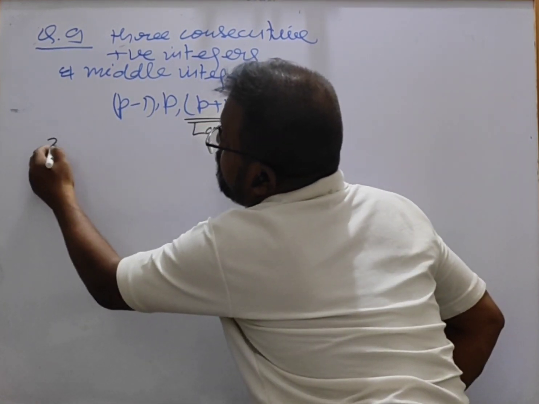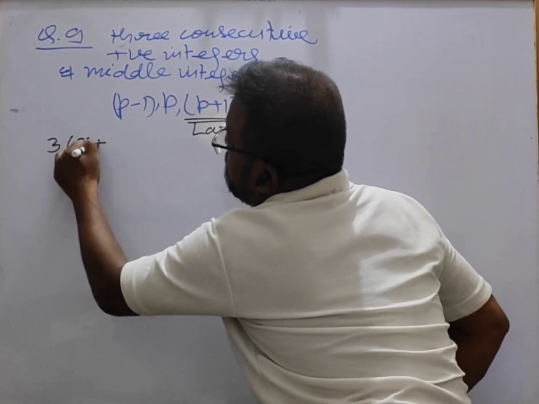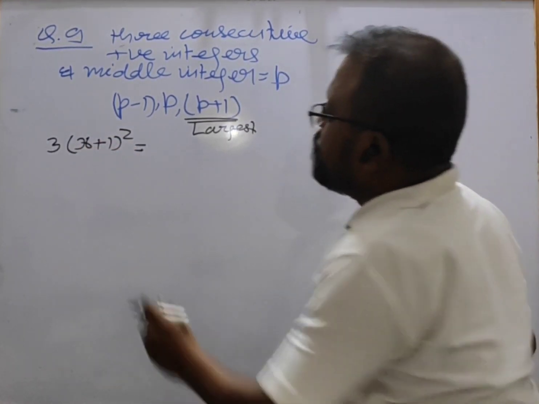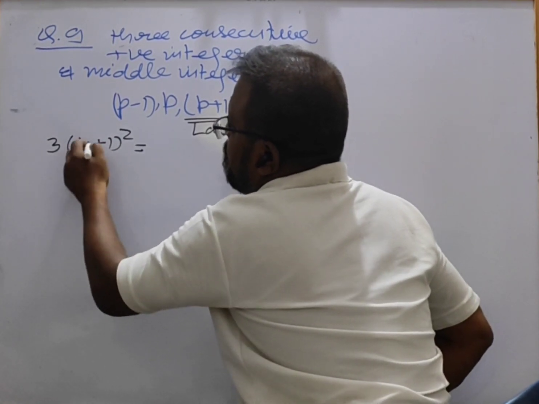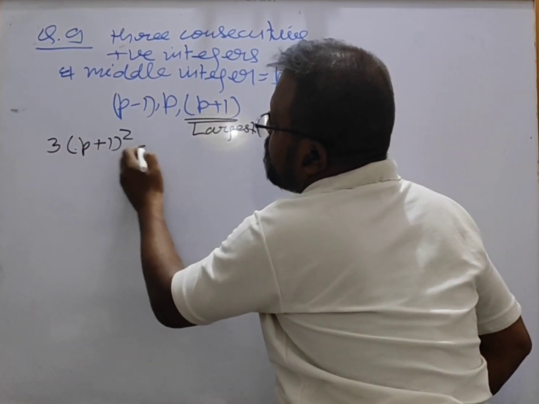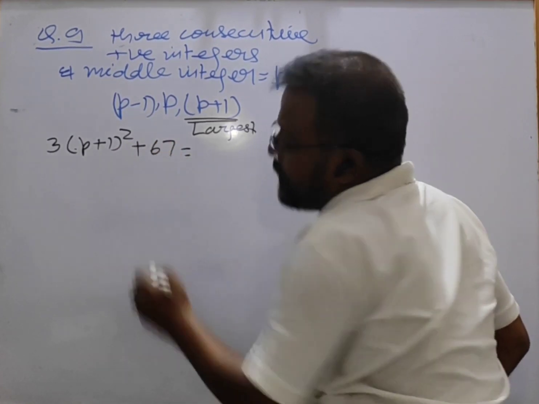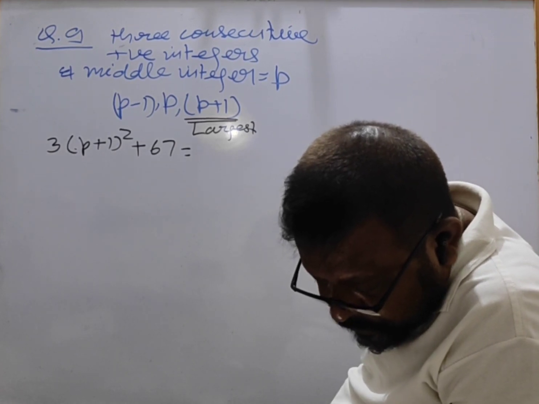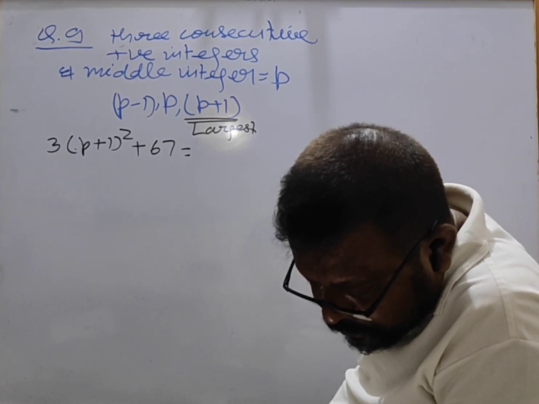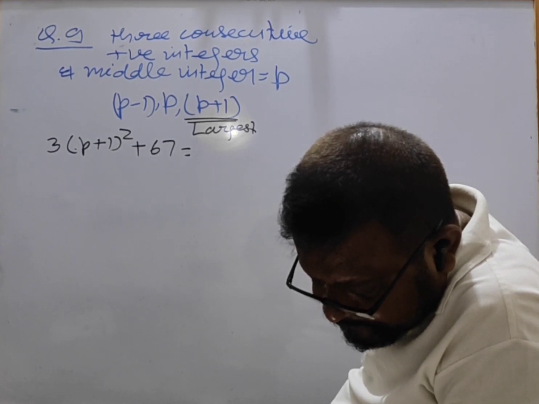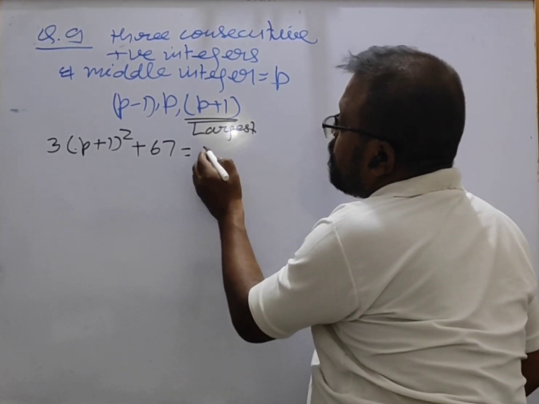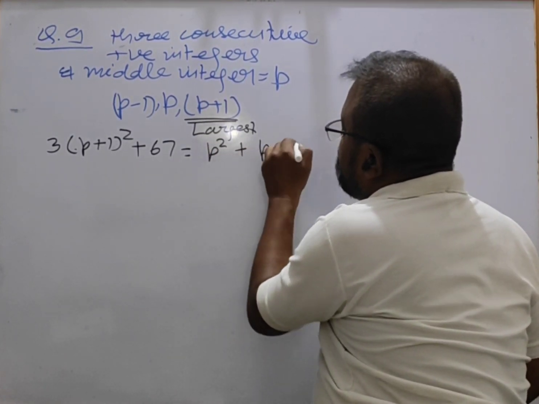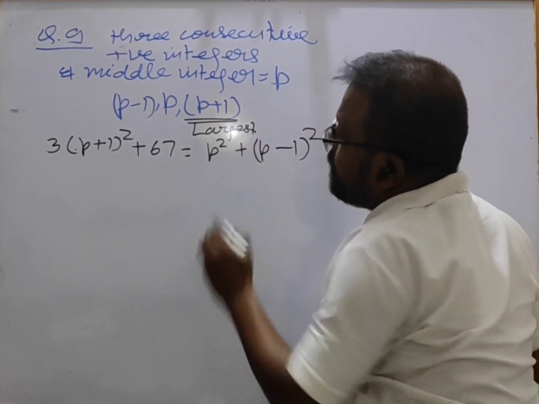So 3 times p plus 1 whole square, oh sorry, plus 67 is equal to the sum of square of other two numbers. So that is p square plus p minus 1 whole square, like this.